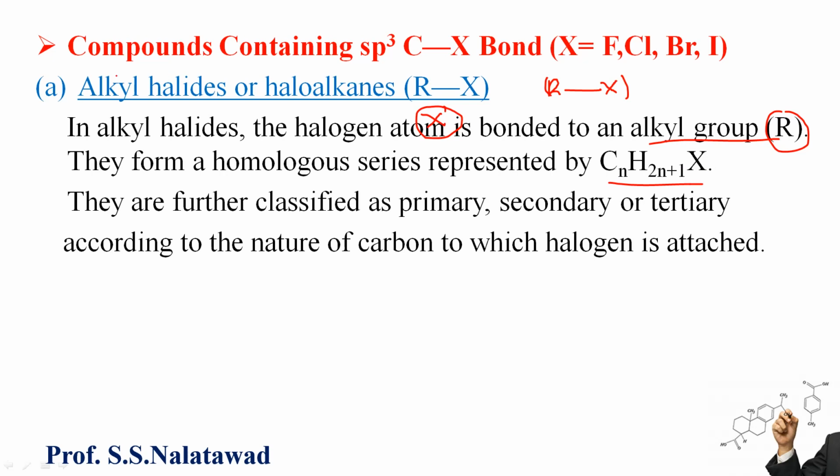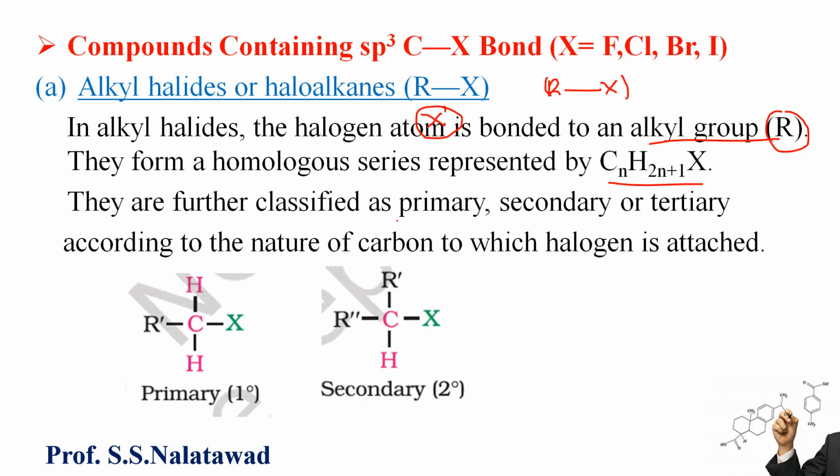These alkyl halides are further classified as primary alkyl halide, secondary alkyl halide and tertiary alkyl halide according to the nature of carbon to which halogen is attached. Before going to primary alkyl halide, we have to know what is primary carbon atom, secondary carbon atom and tertiary carbon atom.